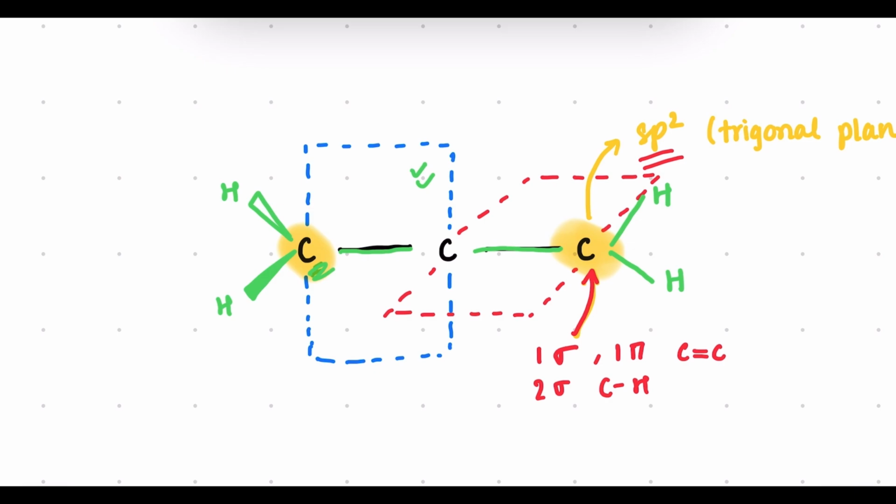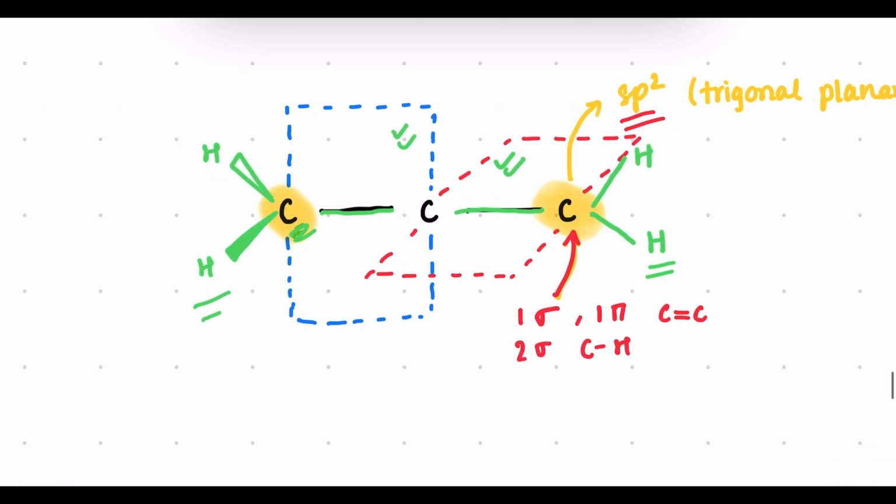Remember that you have to check according to the plane given. And another thing to remember is that these hydrogens are always in a plane perpendicular to the consecutive plane right before it. So that's why we directly concluded that this would be above and below instead of any other orientation.